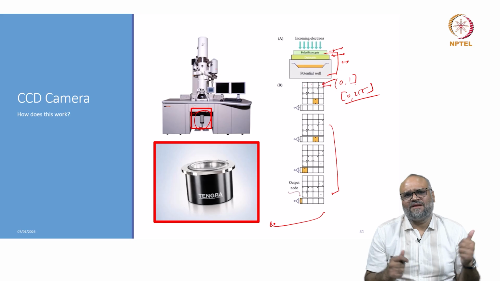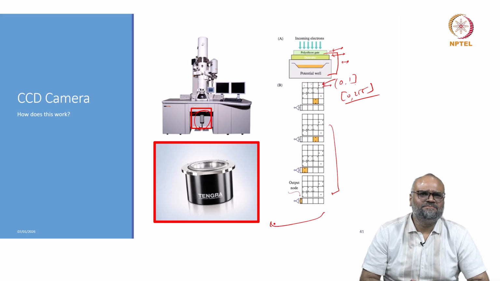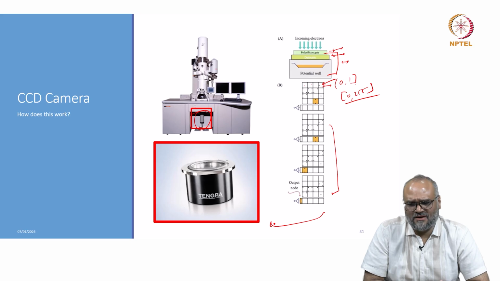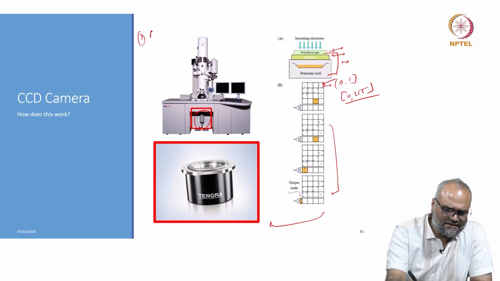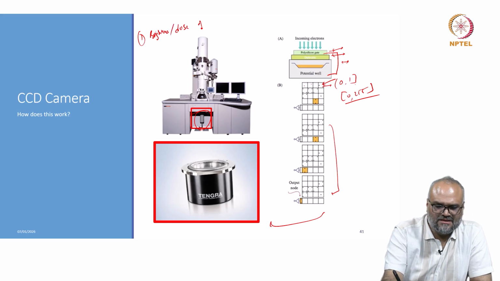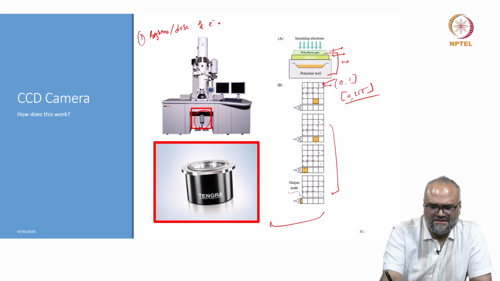So there are a few parameters here when I talk about recording information and storing it on a photographic plate or on a camera. These are primarily the brightness or dose of the electrons striking the camera.